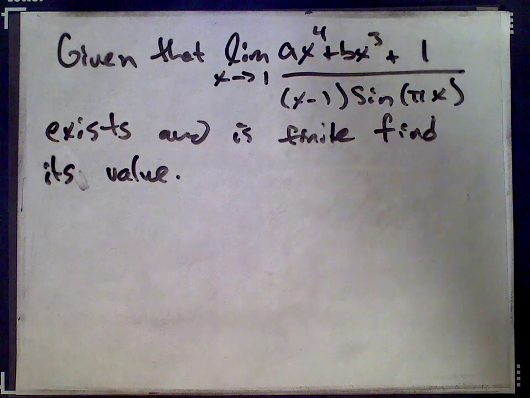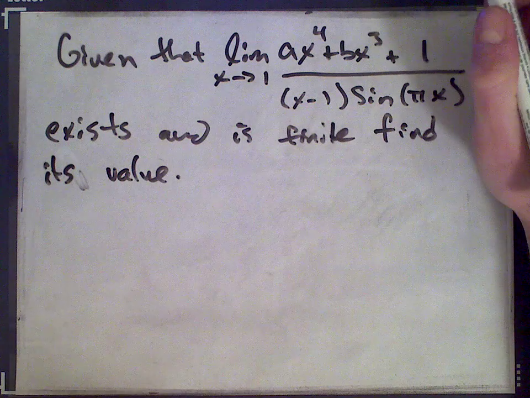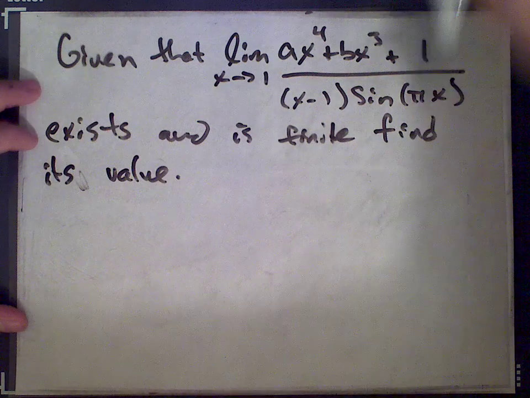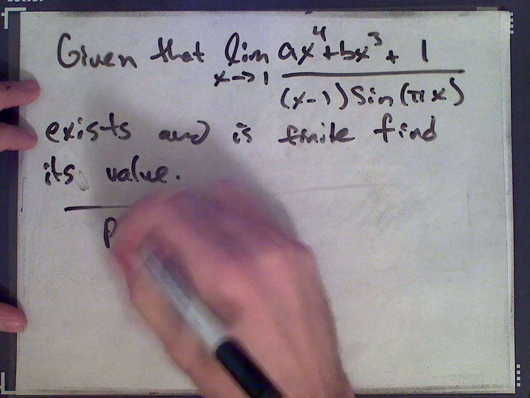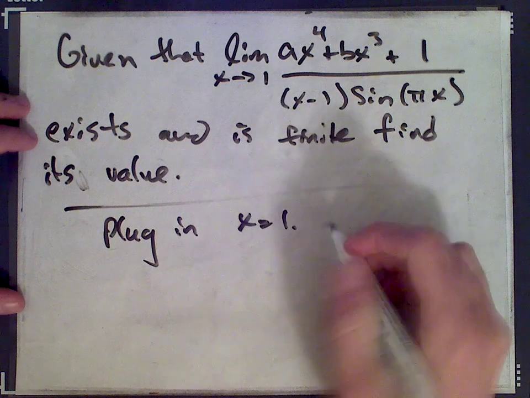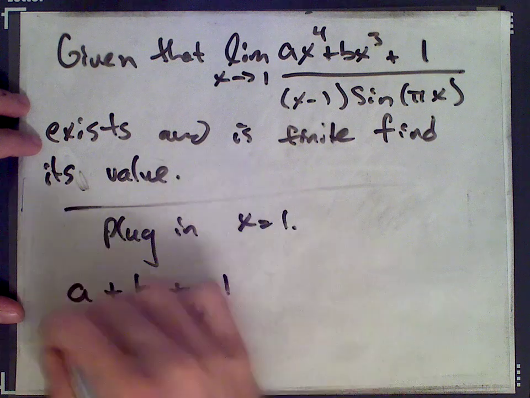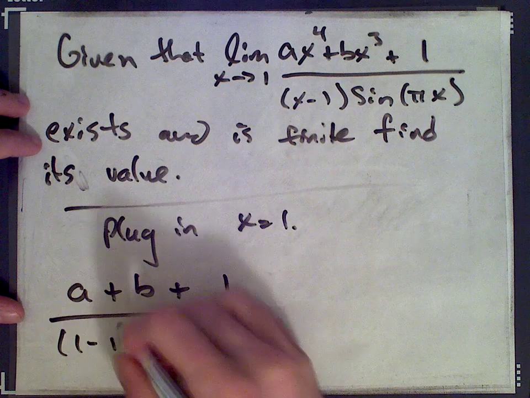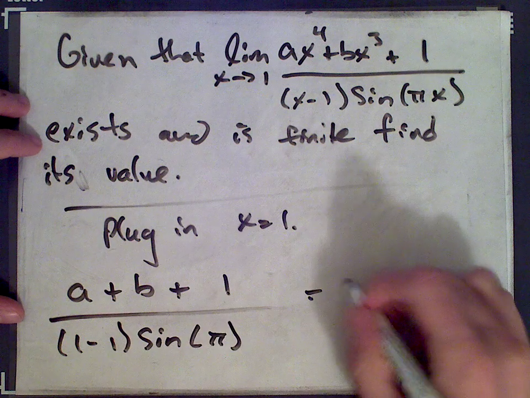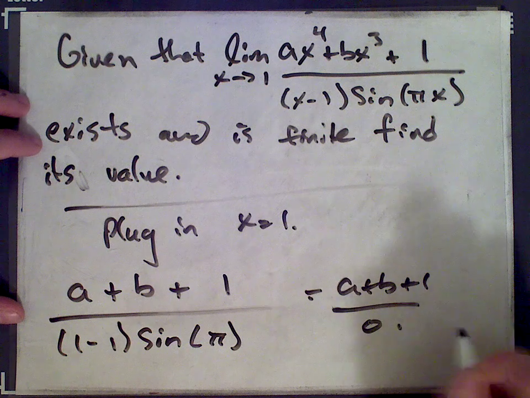Okay, so we're told this limit exists. If you plug in x equals 1, which is usually the first step, we get a plus b plus 1 divided by (1 minus 1) times sine of pi, which is a plus b plus 1 over 0.